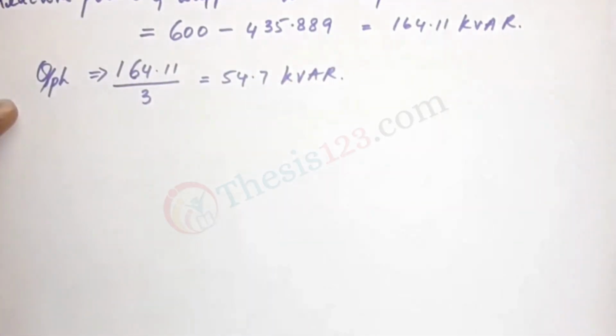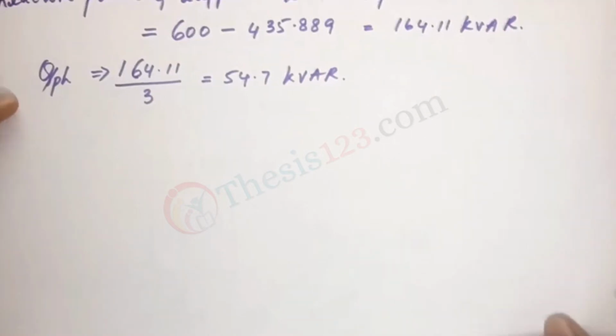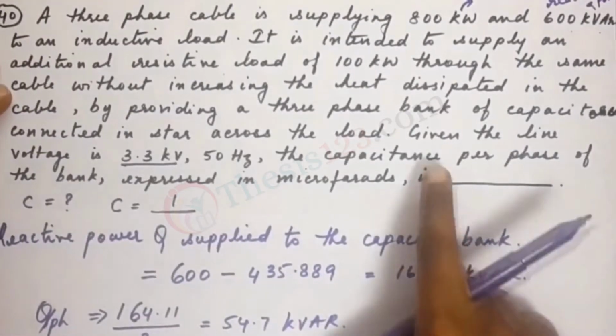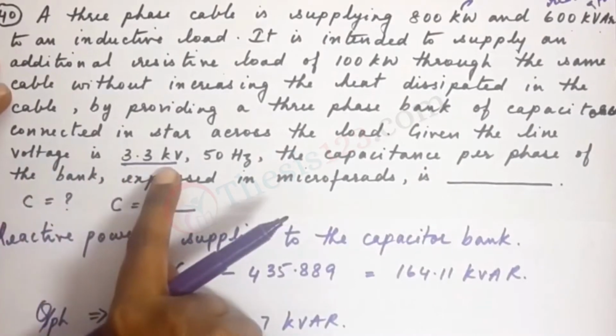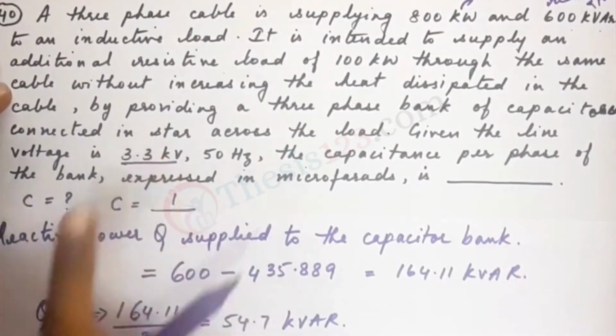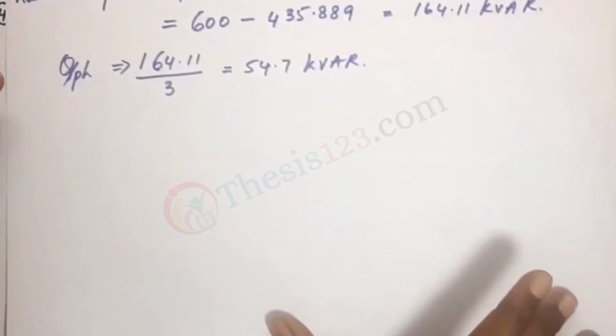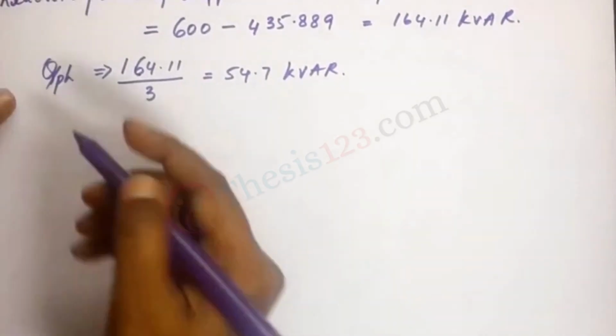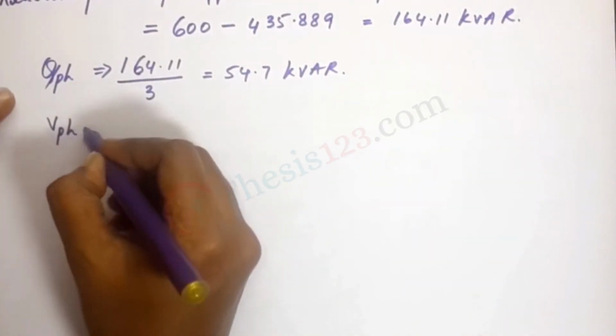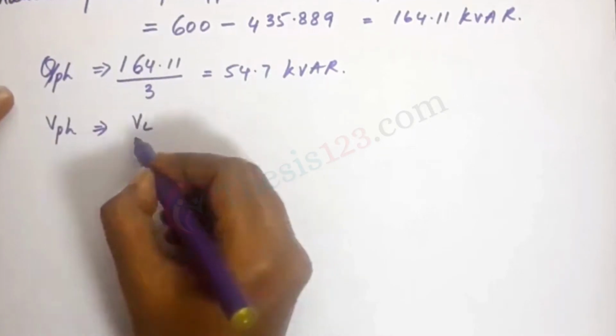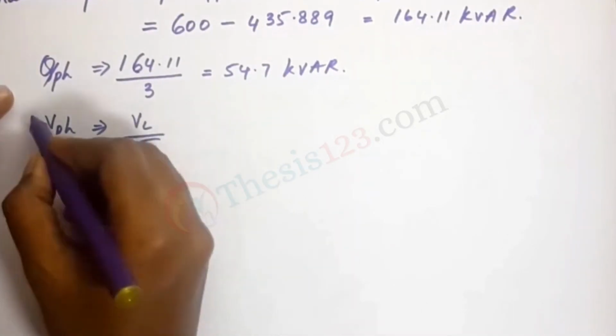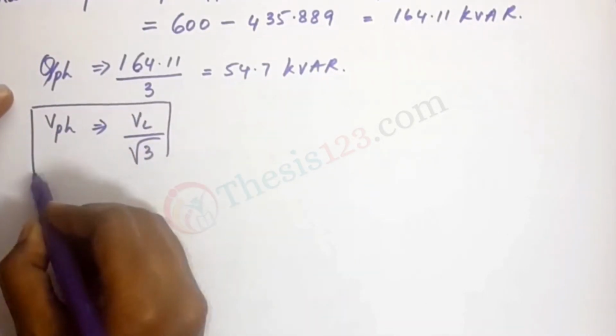The next step is to find out the voltage, because the question gives us the line voltage. Given the line voltage is 3.3 kV, we need to find out what is the phase voltage, because everything is in terms of phase. So we have phase voltage, formula being line voltage divided by root 3. Please keep this in mind.